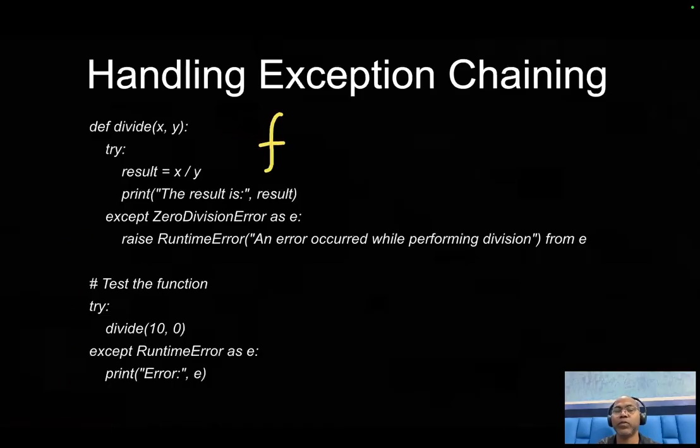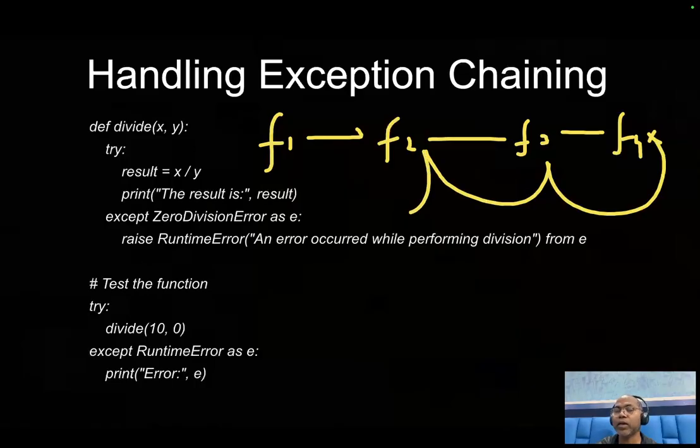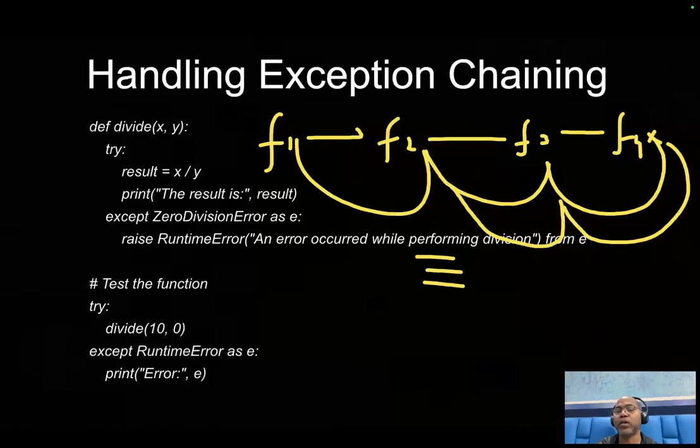That means if this is the f1 function, which calls the f2 function, which calls the f3 function, which calls the f4 function, and if this function somehow throws an exception, it goes back here. It can handle the exception, or throw it again. If it handles the exception, the next line of code continues here and does not go back.